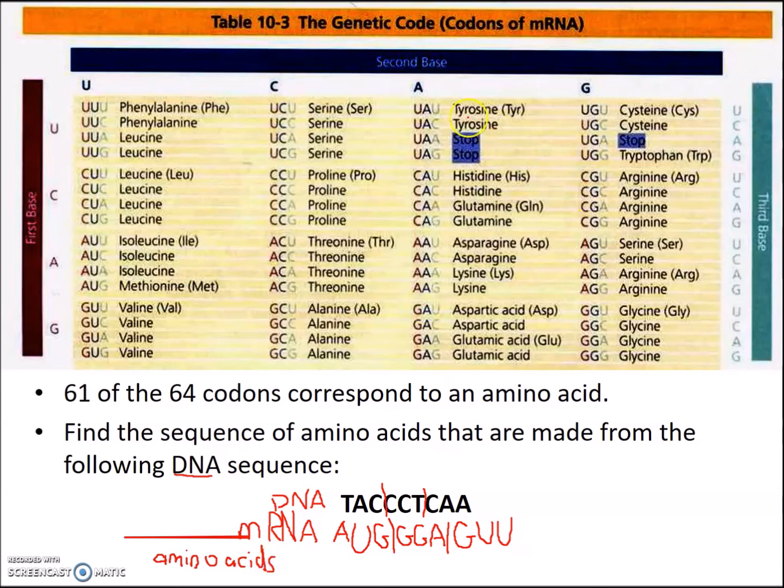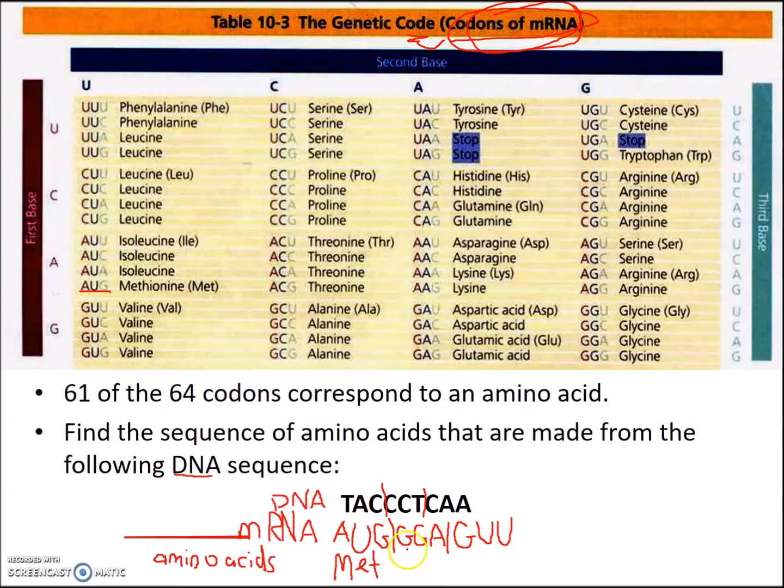And I'll never show you an anti-codon table, even though they exist. This is RNA, messenger RNA codons. All right, so AUG. If you find that one, you'll see here it's methionine, the start signal. MET is the abbreviation for methionine.